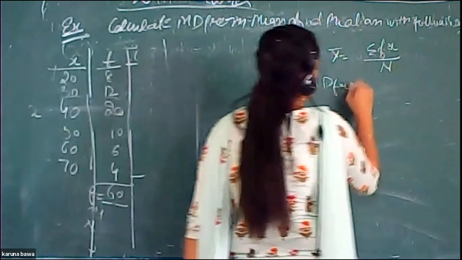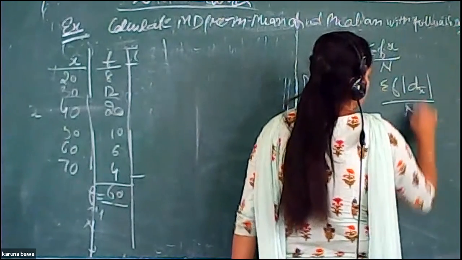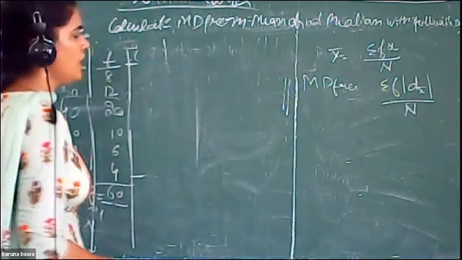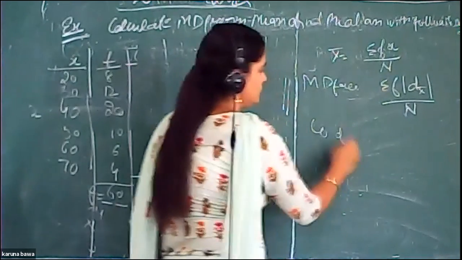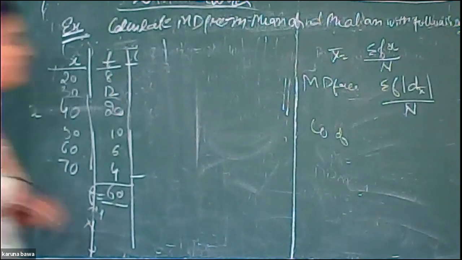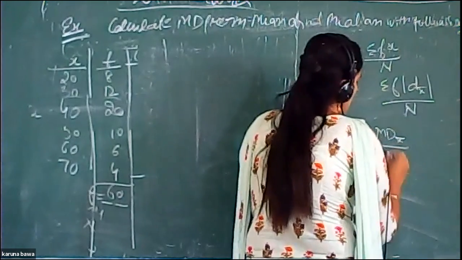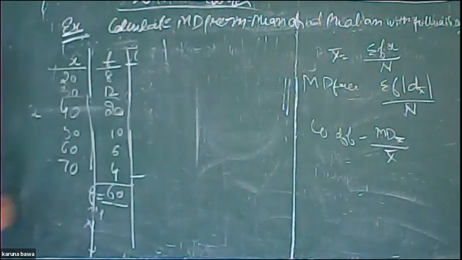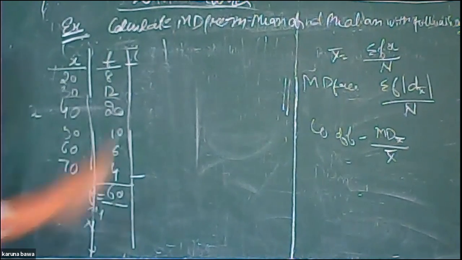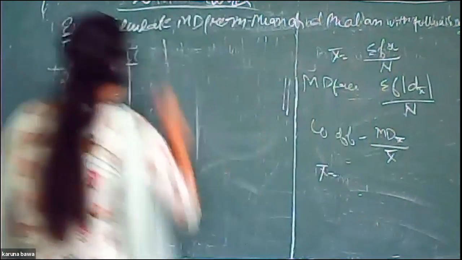The mean deviation from mean is summation f times the deviation, over n, and the coefficient of mean deviation is mean deviation from mean divided by mean value. So first of all, we find out the value of fx to find the mean value.